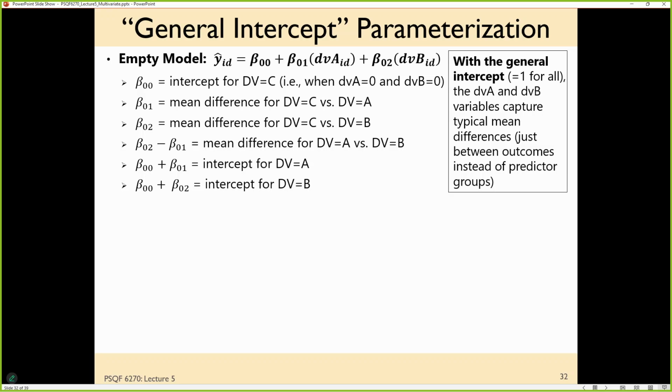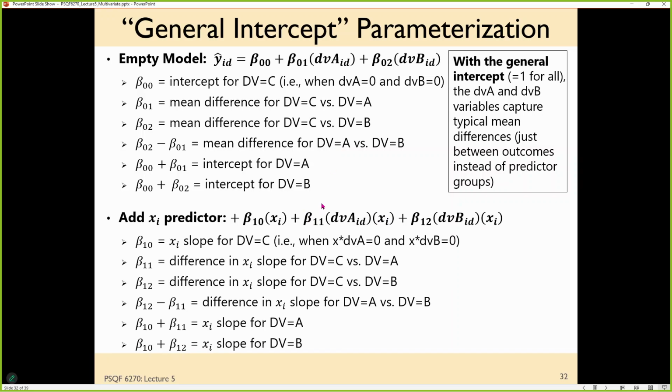In that case, the discrepancy between actual and ideal is what the study was focused on. They wanted to know if that discrepancy was different as a function of gender or age or personality or what have you. So in that case, beta 01 would capture the discrepancy directly from one outcome to the other, from ideal to actual, or from pre-test to post-test. So if the difference across your outcomes is the thing you care about, this is the way to set it up to get that directly.